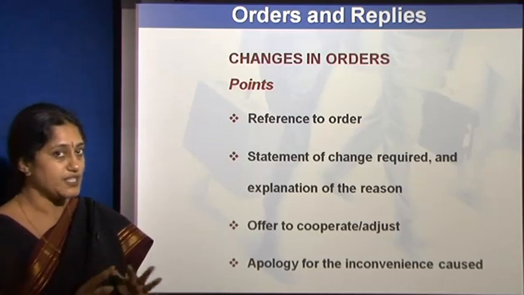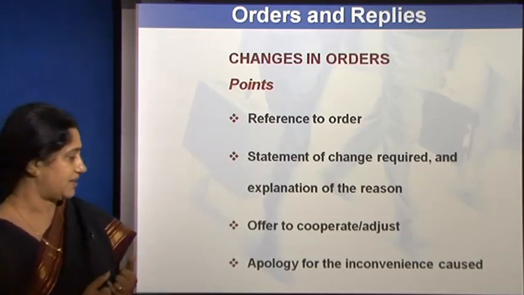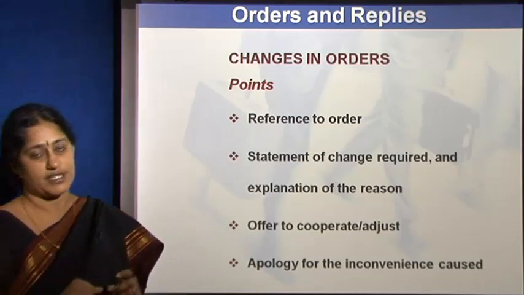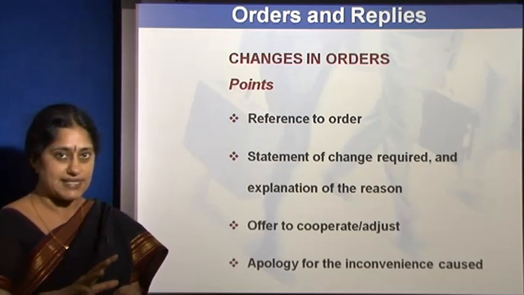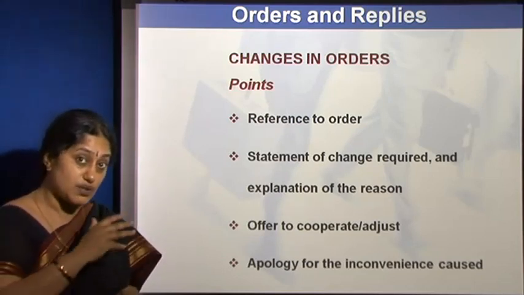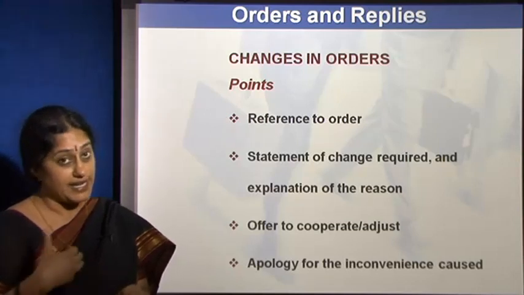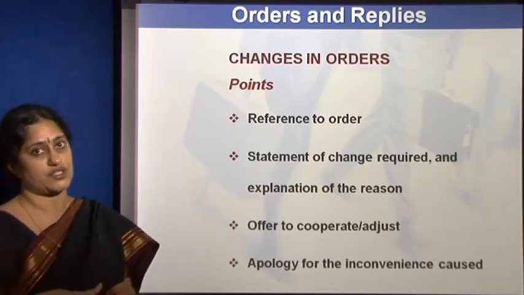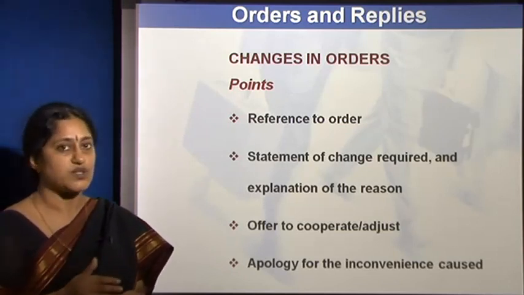If some adjustments need to be made as far as money or product is concerned, what adjustments will I make? Apology for the inconvenience caused. Obviously, if an order has been placed, then the supplier's backend also has to do a lot of homework as far as preparing those products is concerned. So in case there's a change in the specification or change in the numbers, it puts the supplier also into a lot of trouble.